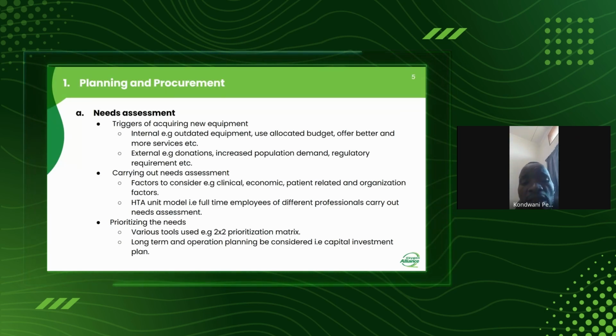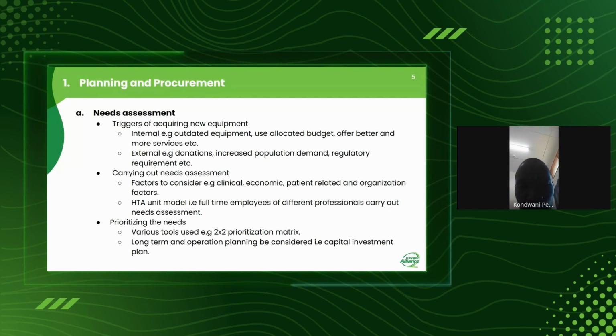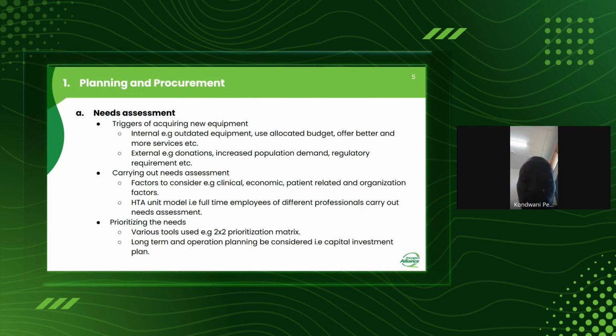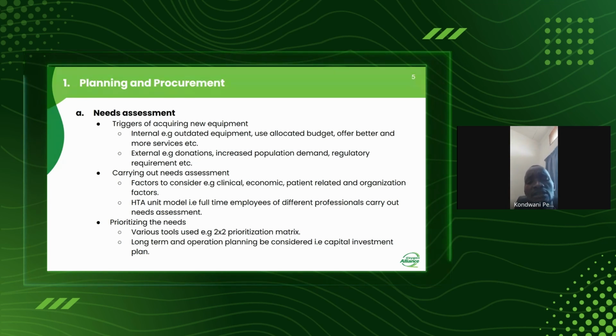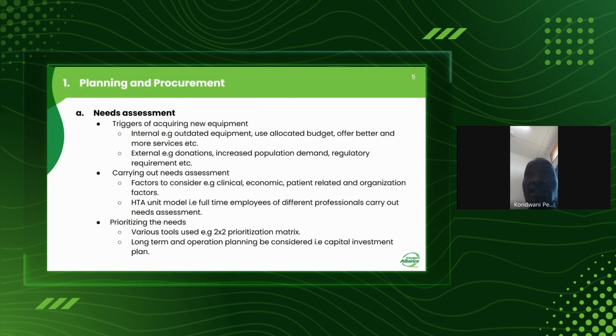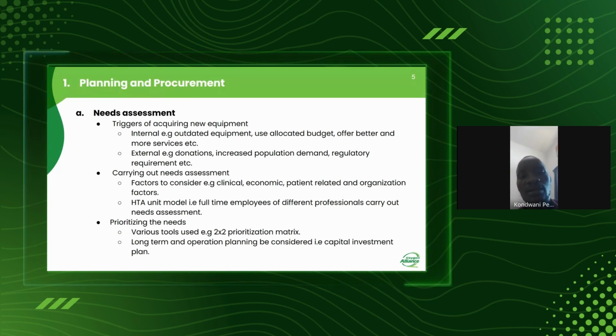There are various tools used in prioritizing, including the 2x2 prioritization matrix, and other decision matrices that you can use. Whenever you are prioritizing the need, you need to consider the short term, just purchasing of the equipment. You need to consider the long term and even operation planning, such as a capital investment plan, in which you are looking at all the areas that can support the equipment to be purchased. All right, let's move next.